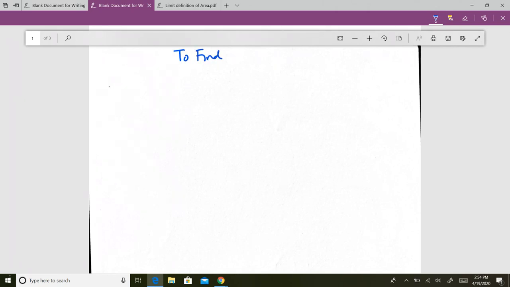To find the actual area, you do the limit as n goes to infinity of the summation from i = 1 to n of the area of the rectangles, f of x, actually we'll call it f of c, consistent, f of c delta x.